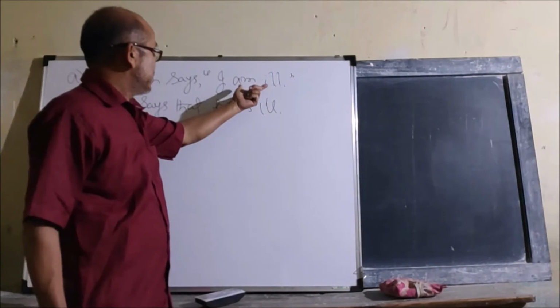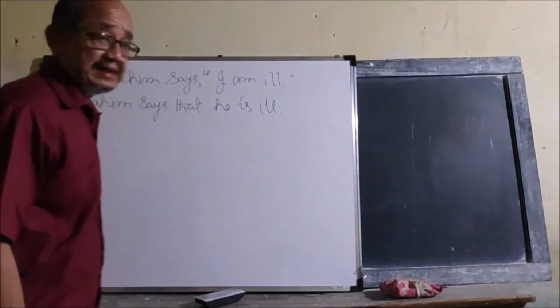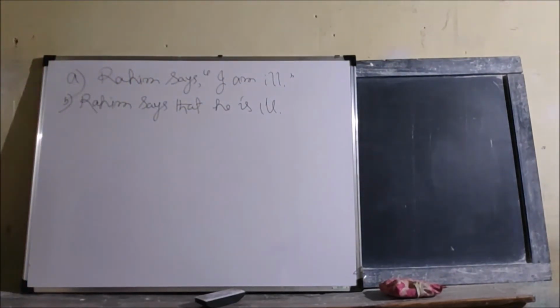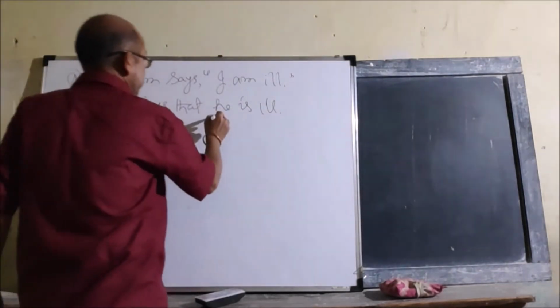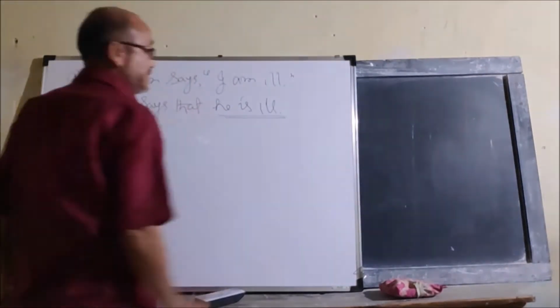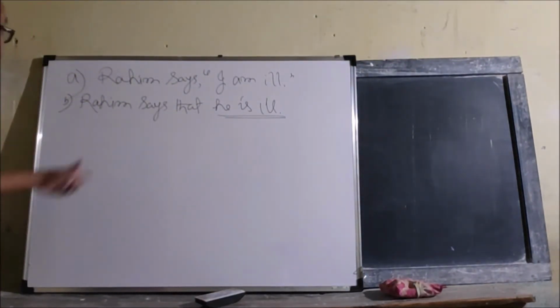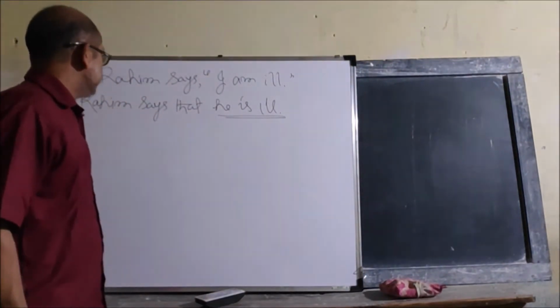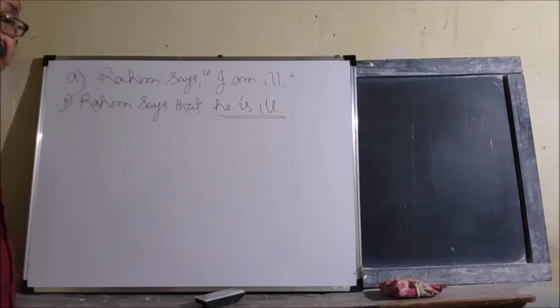Rohim's speech is reported by the reporting language, "he is ill." So "Rohim says that he is ill" is called the indirect speech.